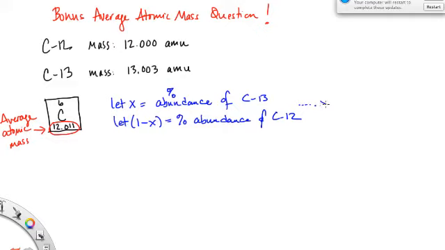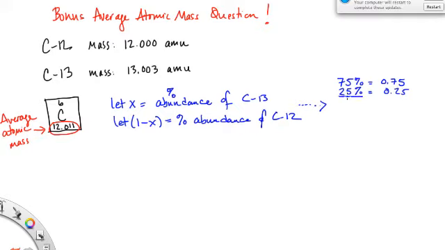Now, why is this, you say? Well, just as a little aside, remember that our percent abundances, when we do our calculations, are expressed as decimals. So, for instance, 75% equals 0.75. And if I had a 75% abundance for one isotope, that would mean its pair would have a percent abundance of 25% or 0.25.